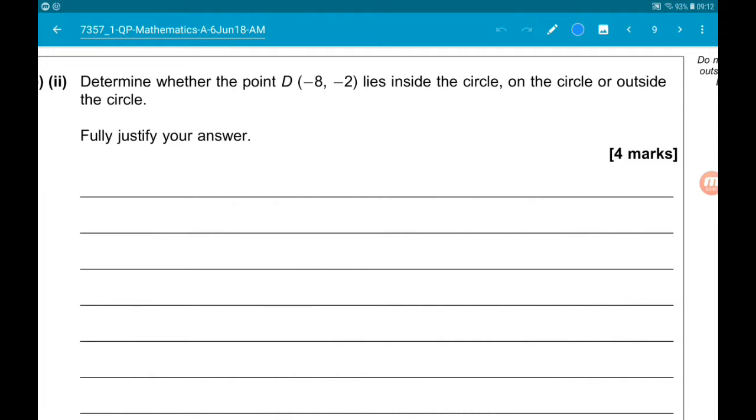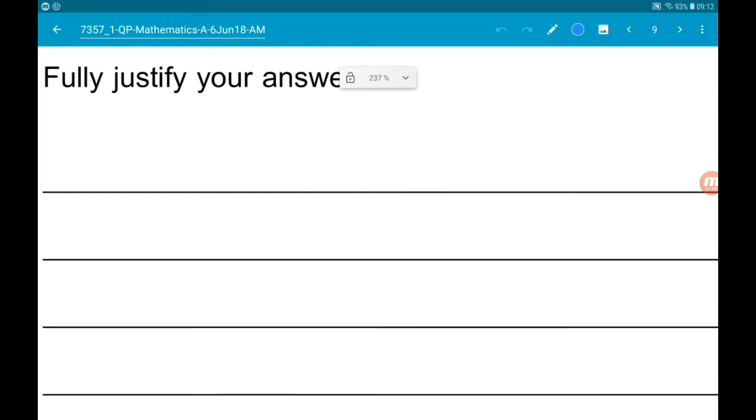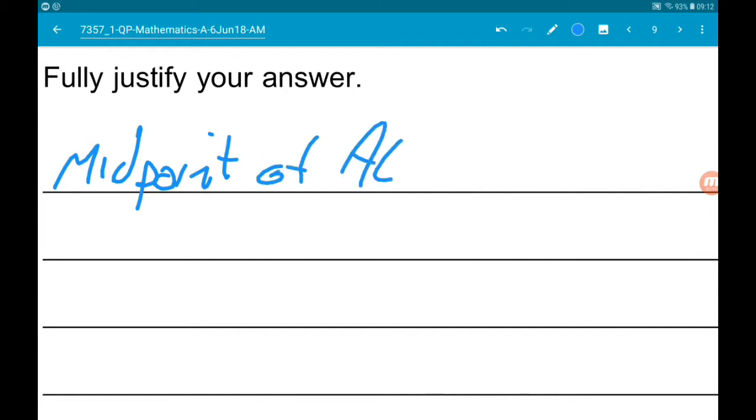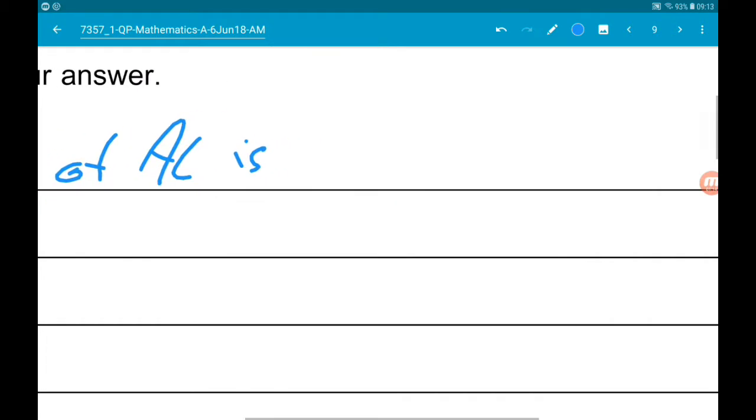So, what's going to help us here is the line AC. We need to find two things. The midpoint of AC is the center of the circle.